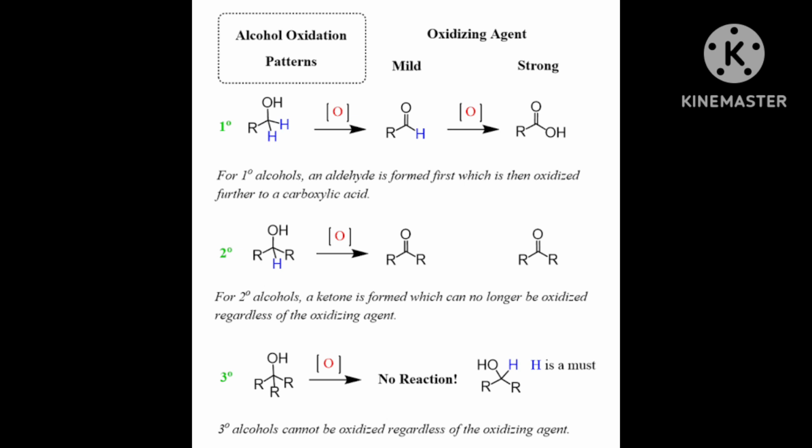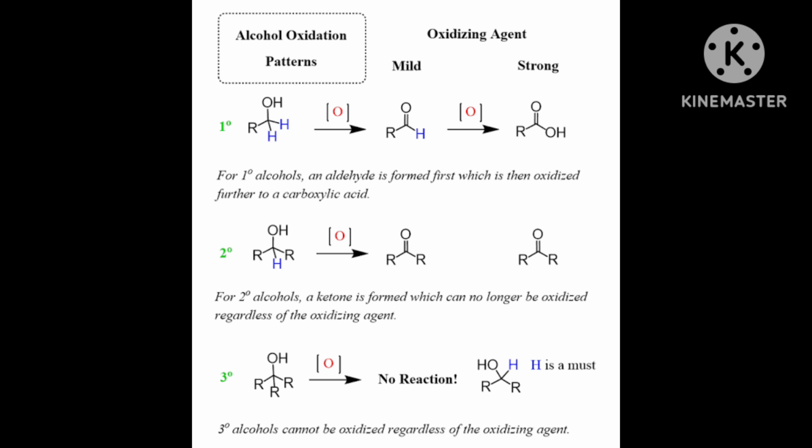Depending on the oxidizing agent used, a primary alcohol is oxidized to an aldehyde, which in turn is oxidized to carboxylic acid. It depends upon the oxidizing agent.